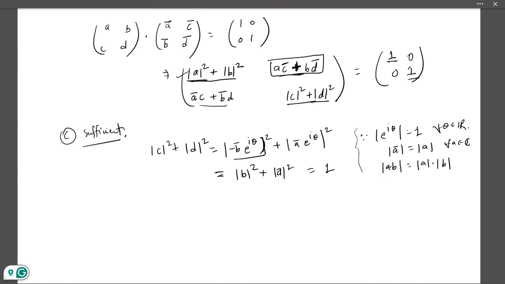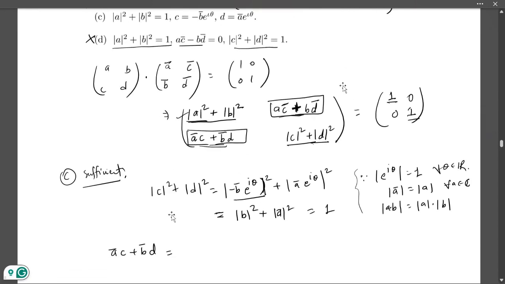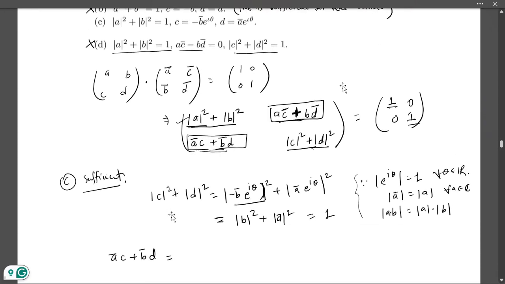What is left is we should show that these quantities are 0. I'm just showing it for one; a similar thing will follow for the second. So let's see A bar C plus B bar D. A bar is as given, but C is given as minus B bar e power i theta, plus B bar as it is, where D is equal to A bar e power i theta.